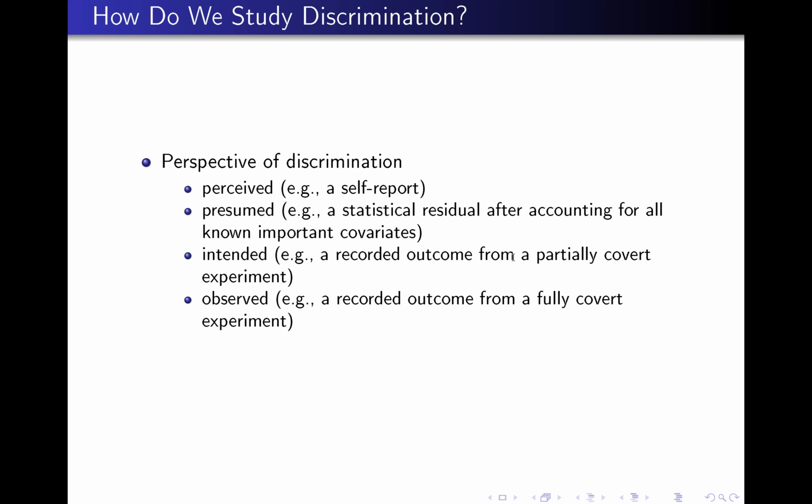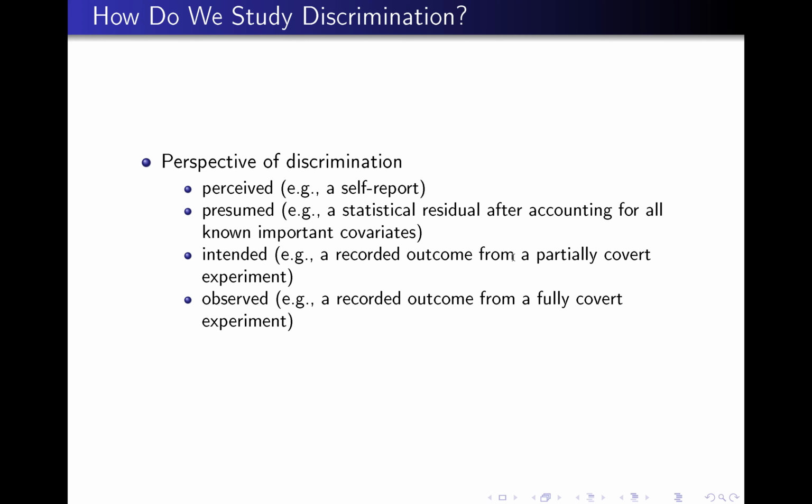So I call this intended because essentially it's what a person's predicting they would do, but they know that there's not really a true consequence behind their actions. And then finally, we could actually observe the perspective of discrimination and see, usually from a fully covert experiment, what actually happens in the real world.